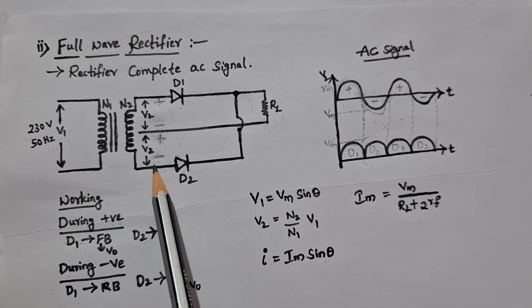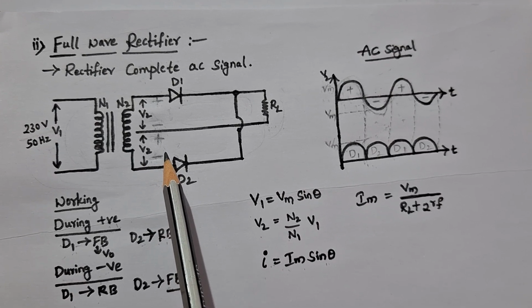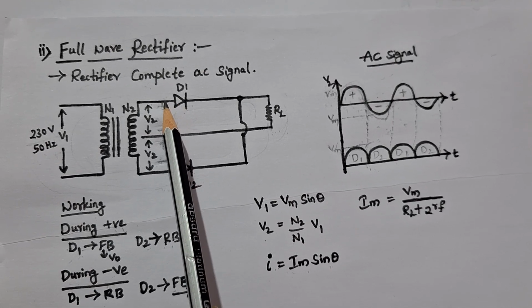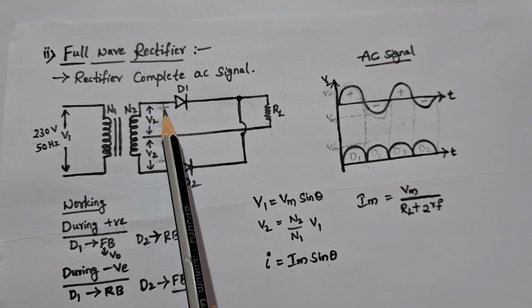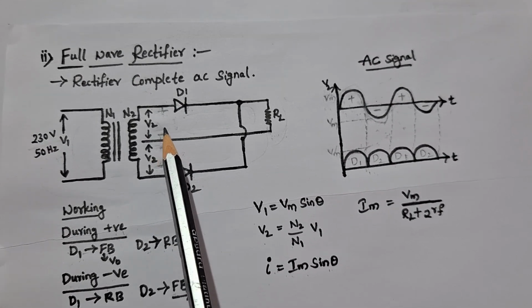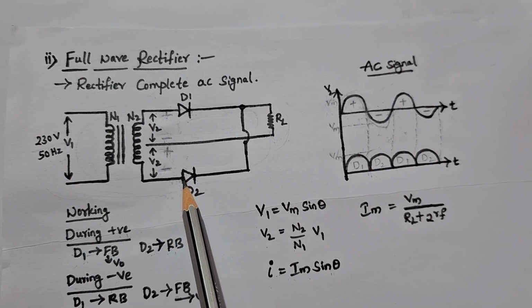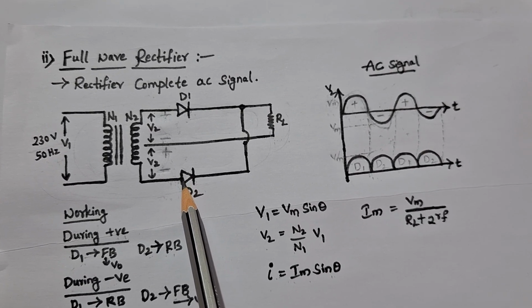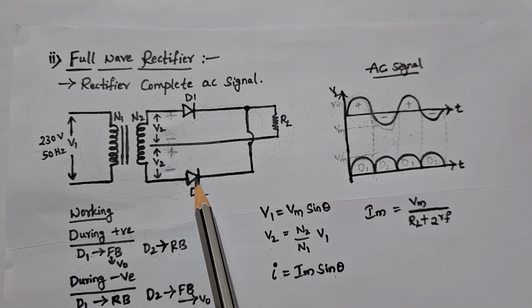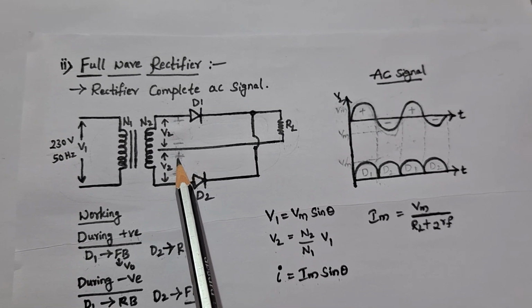Now from these polarities we can understand that the diode D1 is forward biased because the anode is connected to the positive and the cathode is connected to the negative terminal. And diode D2 is reverse biased because the anode is connected to negative and the cathode is connected to positive polarity.